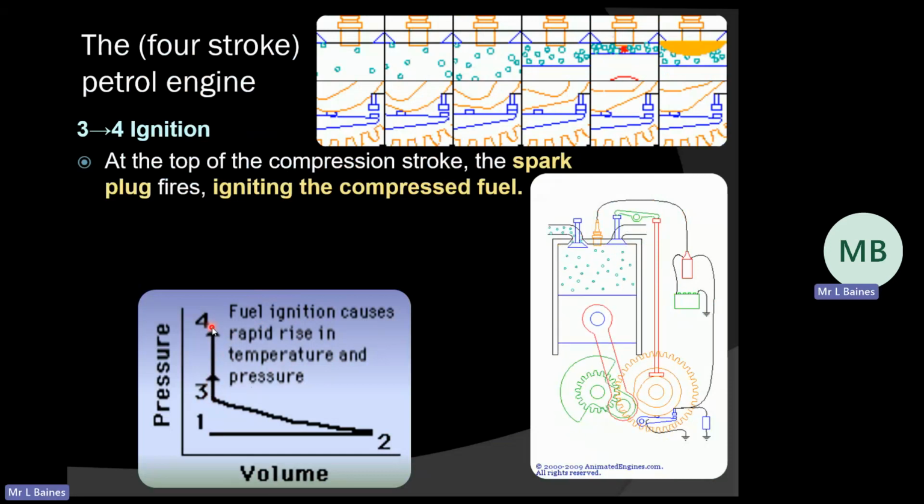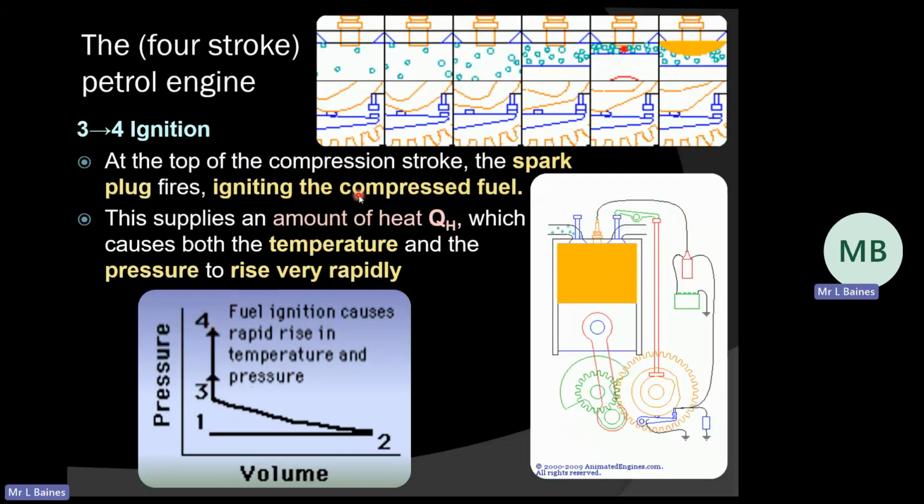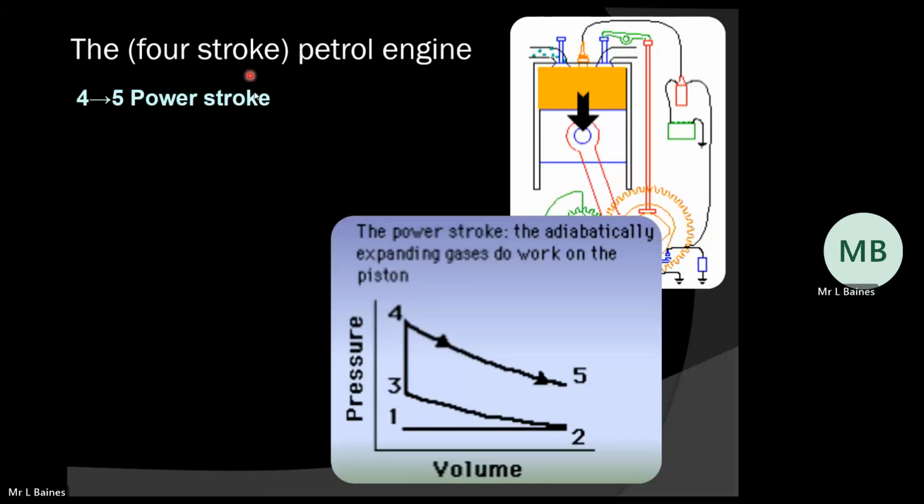That fuel causes the temperature and pressure to increase massively. Linking back to our heat engines, that is where the heat comes from. The heat released by the burning of our fuel at that point is our input amount of heat. So we've got temperature and pressure rising very rapidly because we've just put heat in. This section, 3 to 4, is where we have the burning taking place.